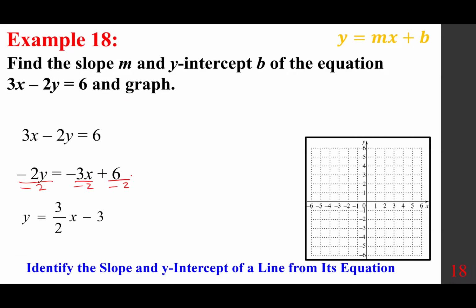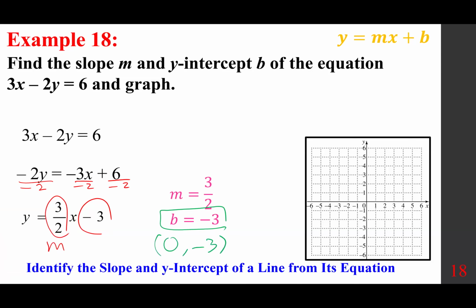As you can see, the slope is 3 halves. Here's the y-intercept, and I want to explain, this is b. The y-intercept really should be written in the form of a pair, (0, -3). And I can't emphasize this enough. Okay, so that's the location, everybody.